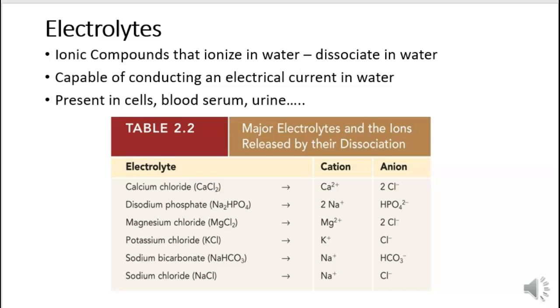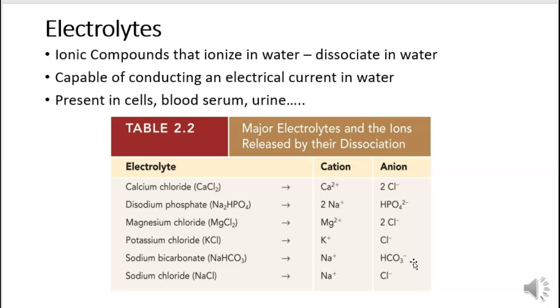And one that's particularly important in this list is sodium bicarbonate, because sodium bicarbonate ionizes to form this bicarbonate ion, which can bind to a hydrogen ion, and that helps regulate the pH of our blood.